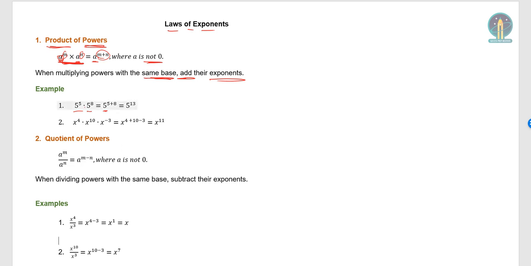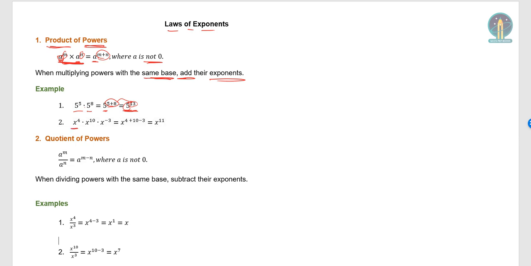So it's 5 to the power of 5 plus 8, which is the same as 5 to the power 13. And obviously, this comes out to a rather large number. You can use the calculator to evaluate it, but we'll stop at this point.